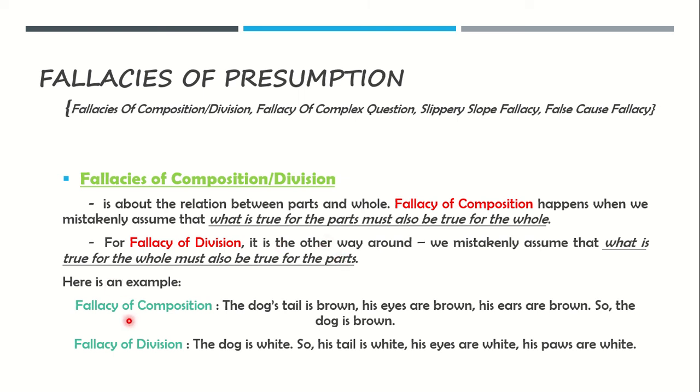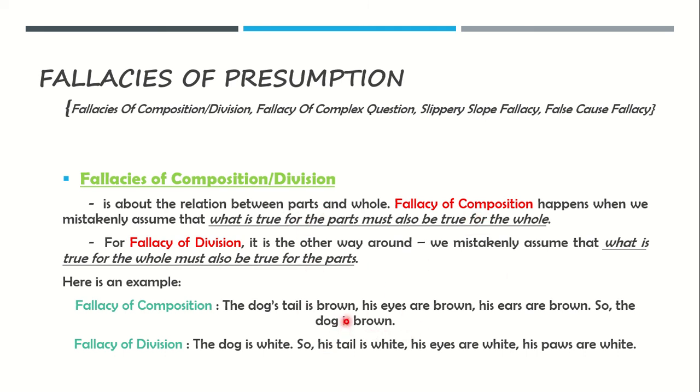Now we have here the fallacy of composition. The dog's tail is brown. These are single components of a dog's body parts. A dog's tail is brown, his eyes are brown, his ears are brown. So the dog is brown. That is an example of the fallacy of composition. What is true for the parts is also true for the whole.